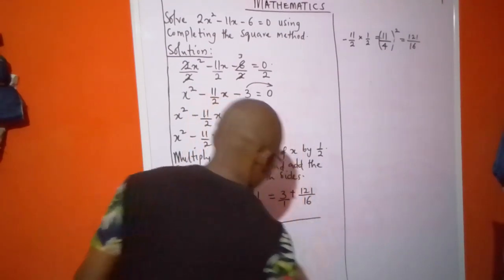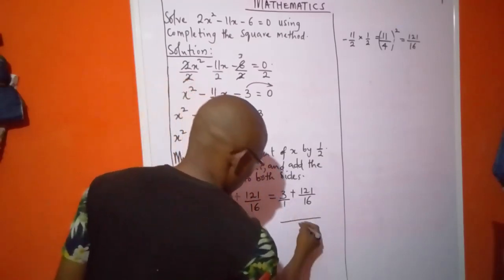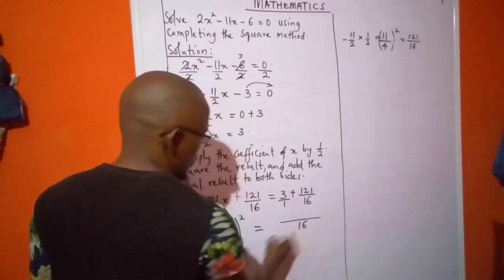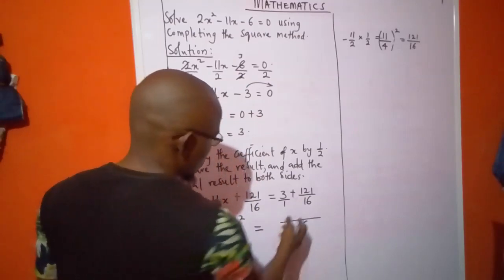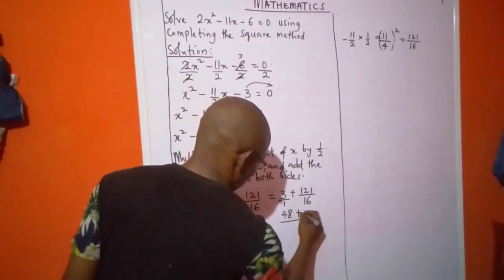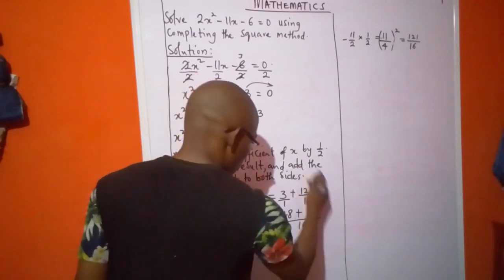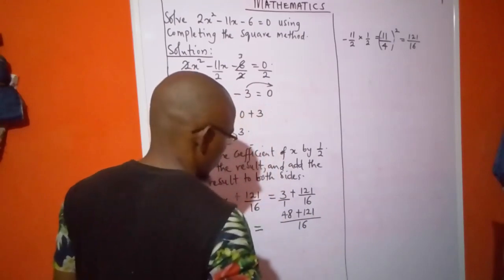Let's look for the LCM of 1 and 16. LCM of 1 and 16 is 16. So how many times will 1 occur in 16? 16 times. 16 times 3 will give us 48. Plus how many 16 will you find in 16? That's 1. 1 times this will give us 121. Are we together?